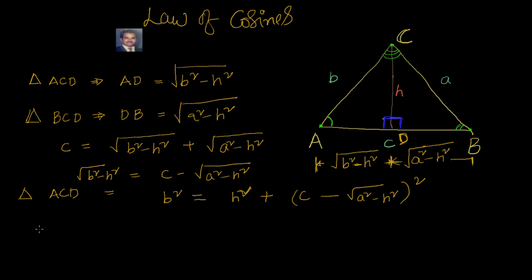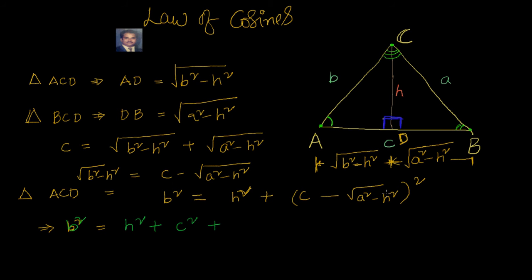What happens now? b square equals h square plus, this is a minus b whole square, that's a square plus b square.